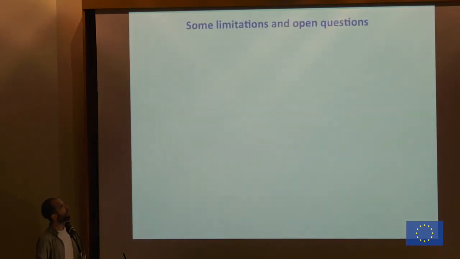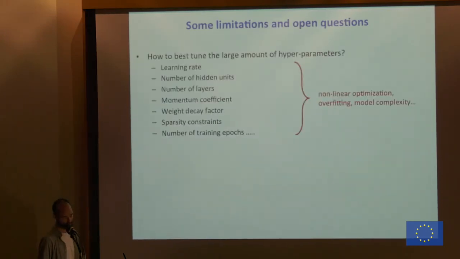Okay, almost at the end, also the limitations of these algorithms. Of course, they have many, but the one that I find most daunting is that we have a lot of hyperparameters. What does it mean? We have to establish which is the best learning rate, how many hidden units, how many hidden layers, and many others like momentum, weight decay. There are regularizers for improving learning, or sparsity constraints, or how long the learning should be. These are all hyperparameters related to the problems of nonlinear optimization, overfitting, and model complexity, and we don't have a principled way to set them.